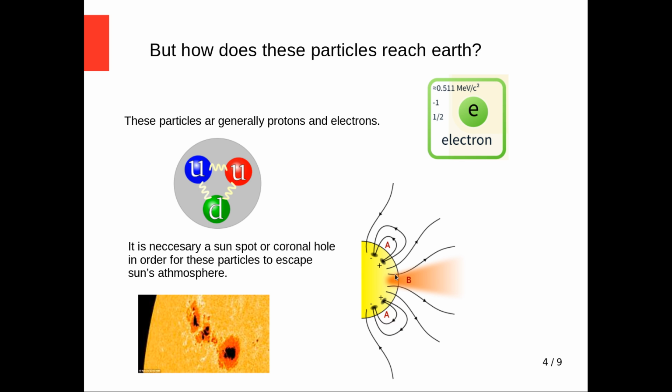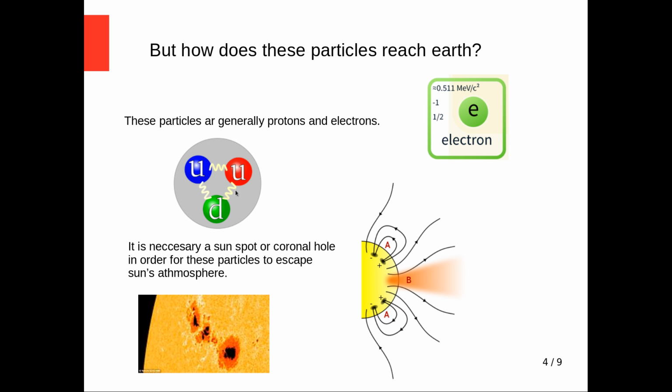Both are very similar, and both cause the escape of these particles. Basically, it's like a reduction in the temperature of the solar surface, and this causes a weakness of the sun's magnetic field. So all those particles are able to escape from the sun's surface and reach not just Earth, but actually every other planet.